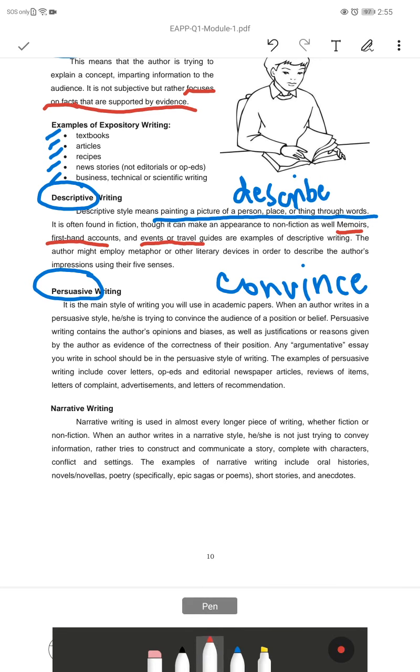So in the main, it is the main style of writing you will use in academic papers. When an author writes in a persuasive style, he or she is trying to convince the reader of a position or a belief. Meaning you're trying to convince your readers to believe in you, to trust in your judgment.